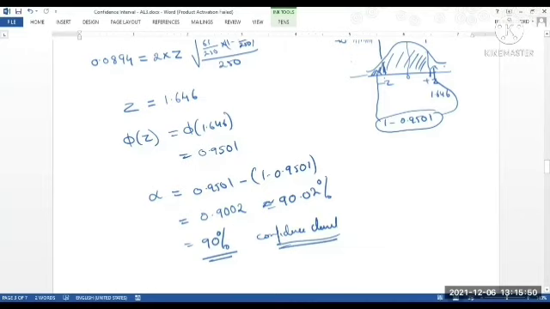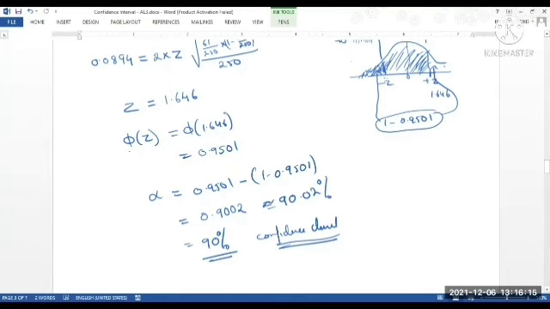So please take note of the graph, what we have done. When you take phi of z, you're getting the entire area right from here down to negative infinity. Now we don't need the whole part, we just need the area starting from the lower limit right up until the upper limit.